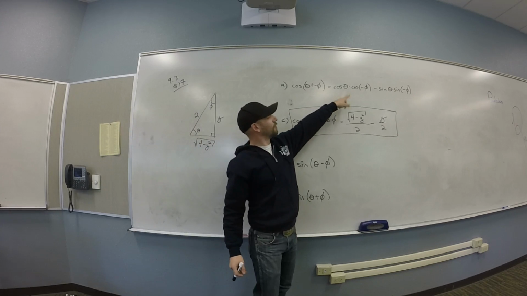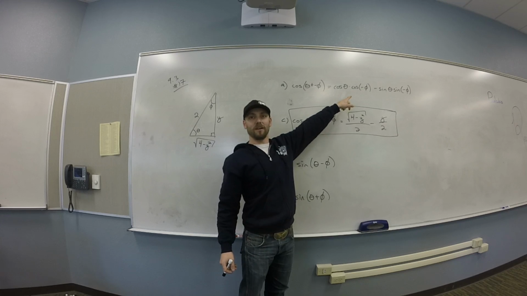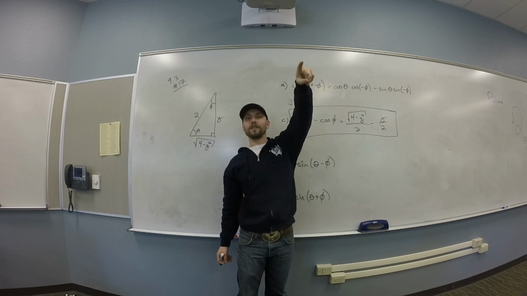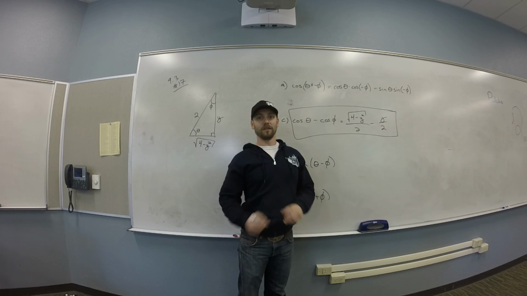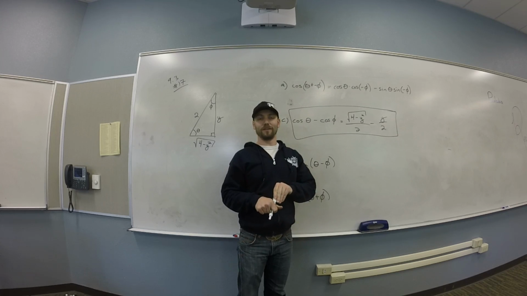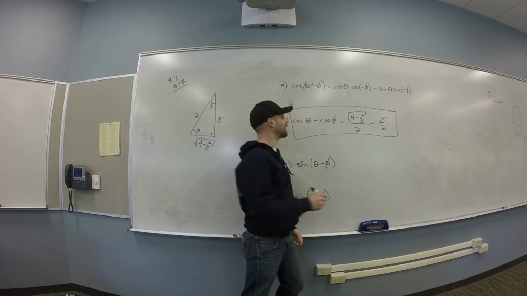All right, so cosine of minus phi is just cosine of phi, because cosine is even.